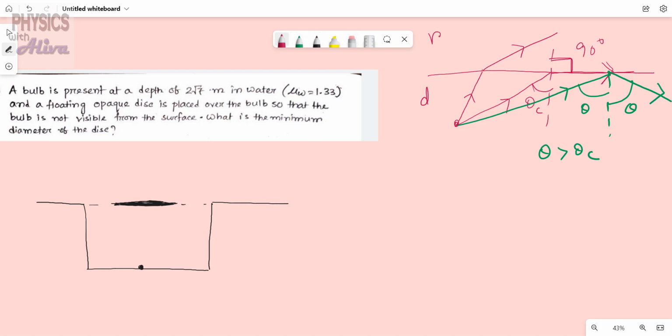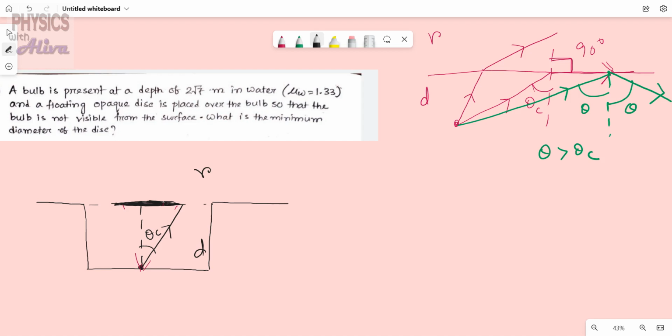So now we can see the incident rays are going like this to this disk. I am erasing this so that you can understand this clearly. If this particular angle I have drawn is the critical angle, we know this is the water, so this is the denser medium and this is the rarer medium.